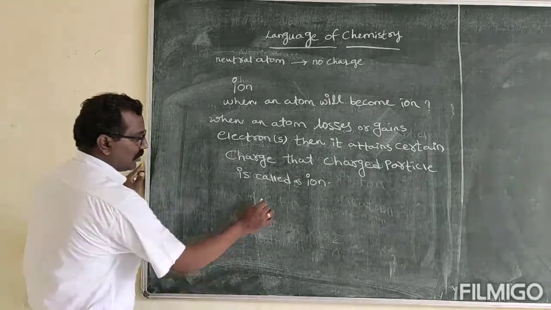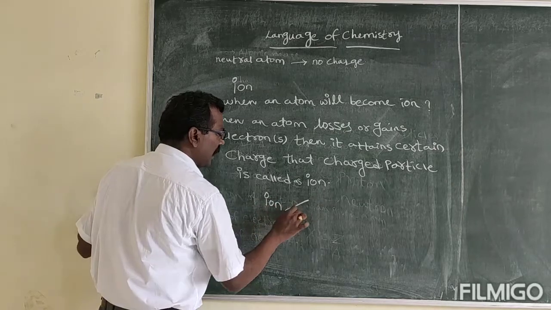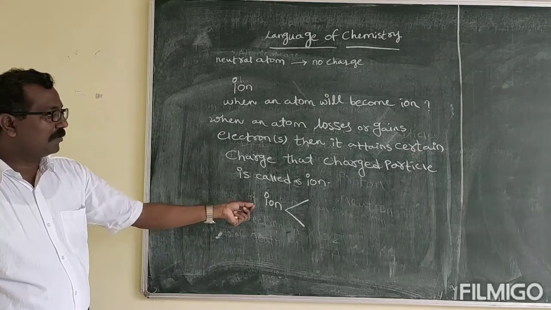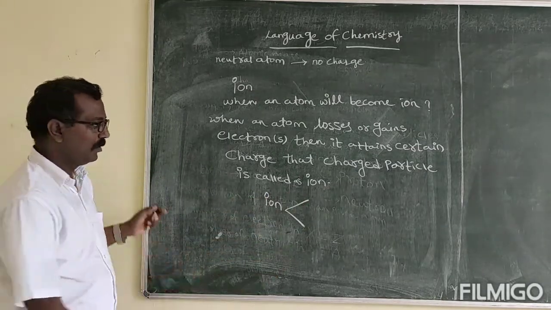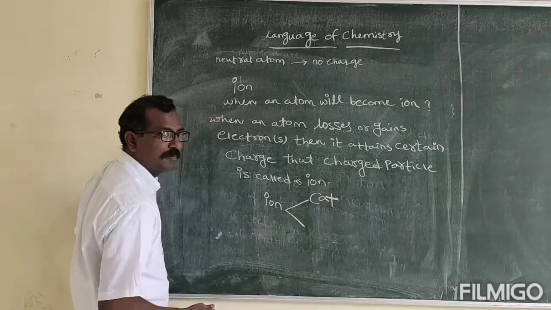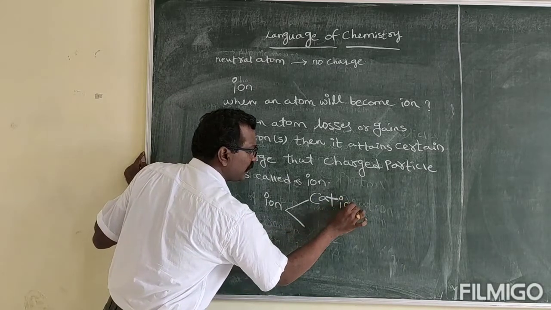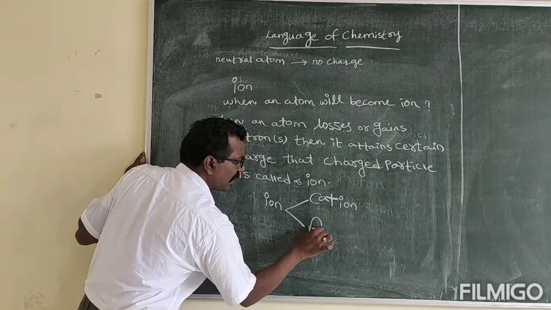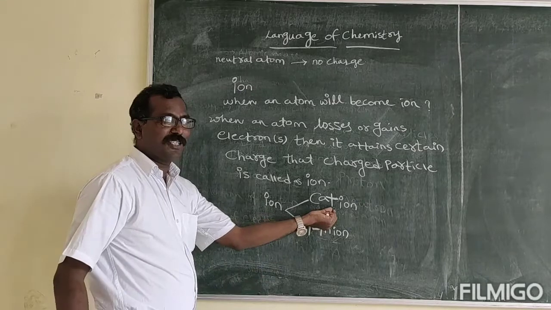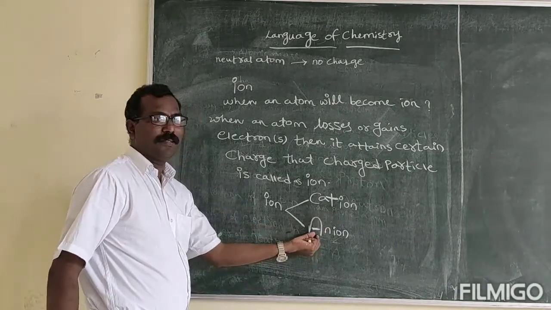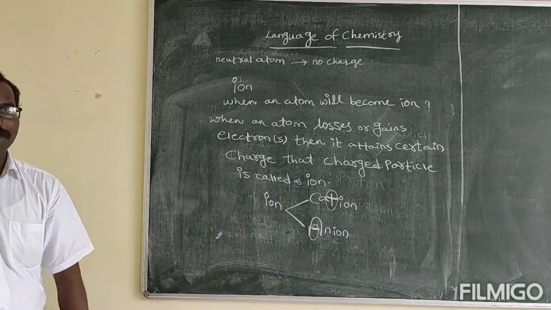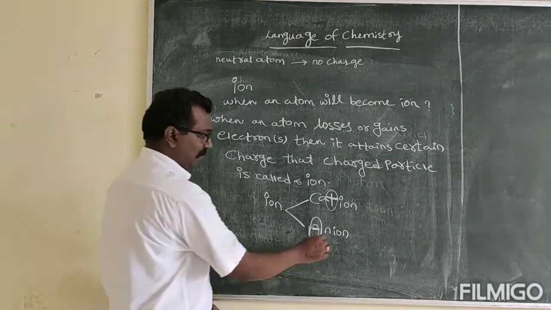Okay. So ions are again of two types. Clearly observe what I am writing. Ions are two types: cation and anion, that is, positive ion and negative ion.